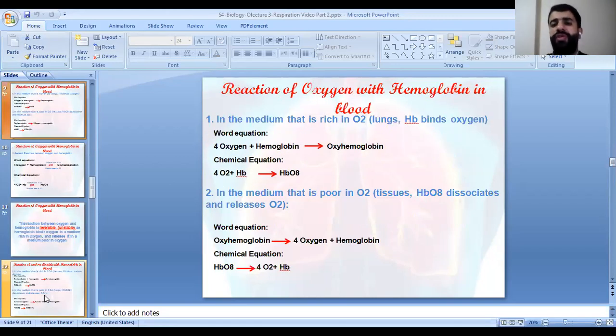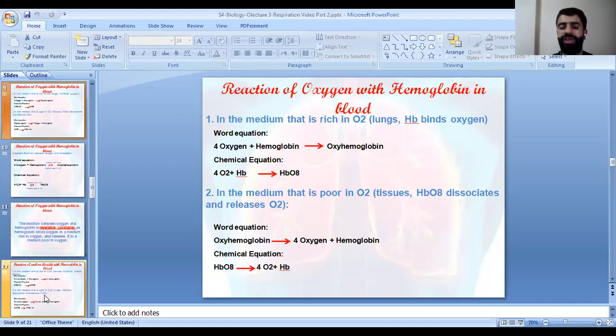Let's move to the reaction of oxygen with hemoglobin in blood. We have the reaction that occurs in a medium that's rich in oxygen, and the other one that occurs in a medium that's poor in oxygen. In the medium that's rich in oxygen, which is the lungs, hemoglobin binds oxygen.